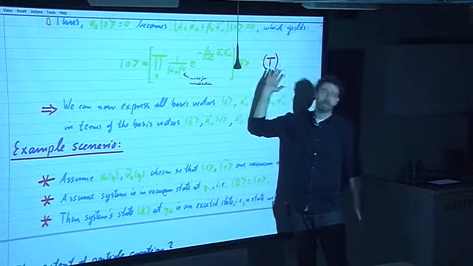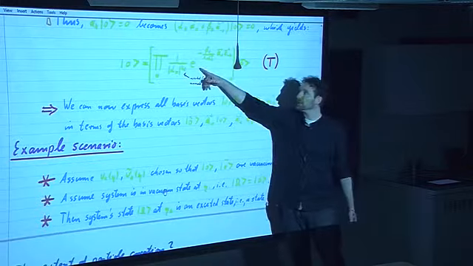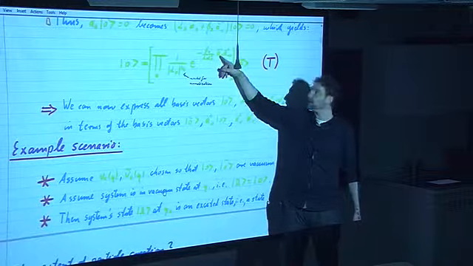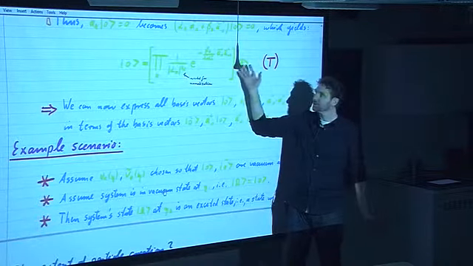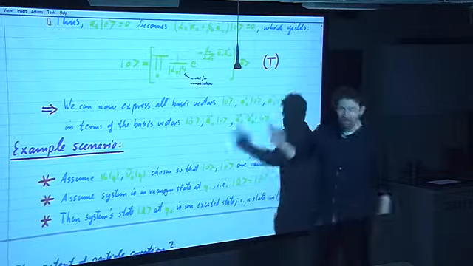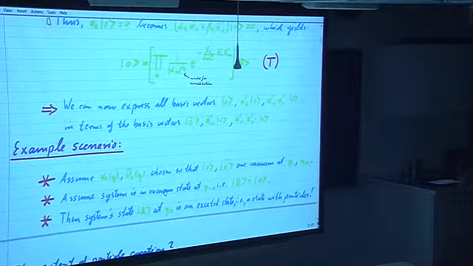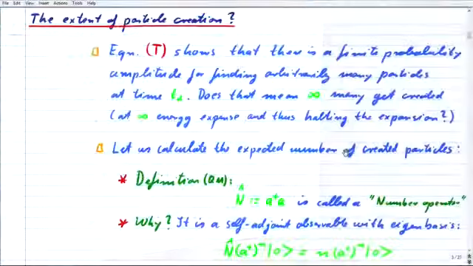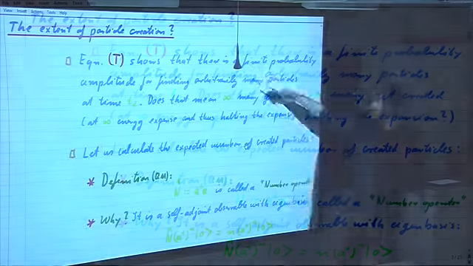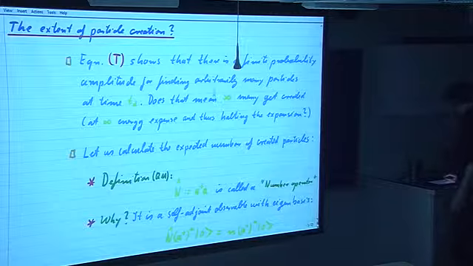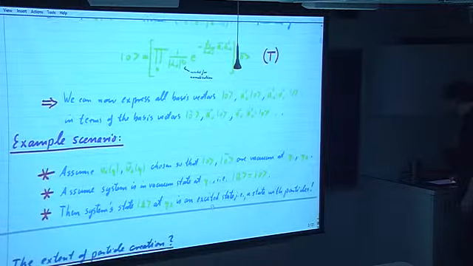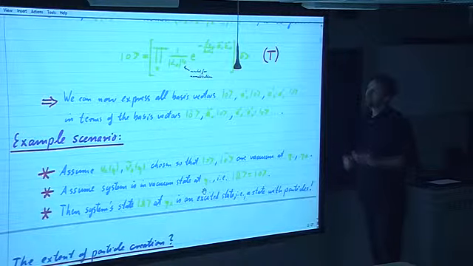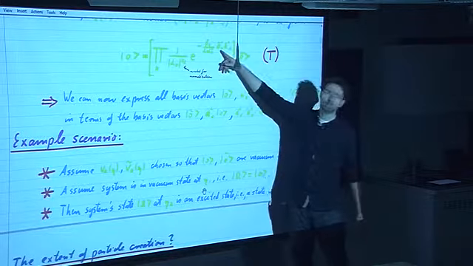In fact, it looks like infinitely many particles would be present, because we have here in the exponent a power series with arbitrarily high powers of A-dagger operators, so they all act on that, creating particles. So it seems like there's an infinite number of particles being created, and it's something that we'll have to look into, whether it's really infinite. So the first point is that our equation T, the Bogoliubov transformation between the two bases, tells us that there is a finite probability amplitude for finding an arbitrarily large number of particles.